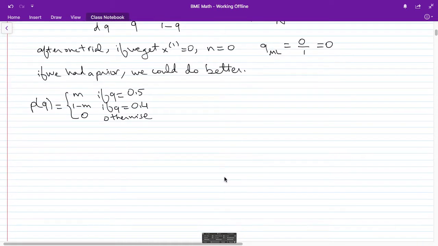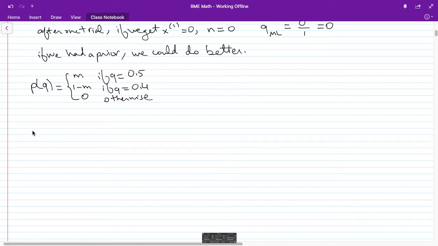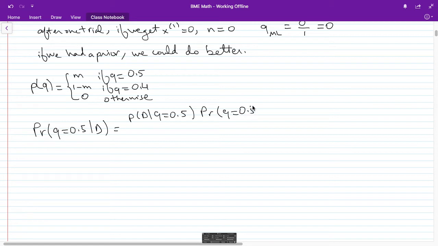So now suppose what I want to do is write the posterior probability, the probability that Q is 0.5 given my data. So what's the probability that this coin that I'm throwing is fair? Well, that's the probability of the data given that it is indeed a fair coin times the prior probability that it's a fair coin, divided by the probability of the data, which is what?